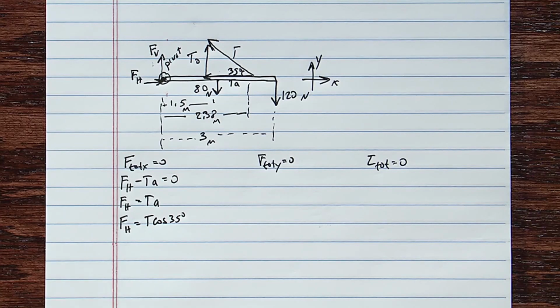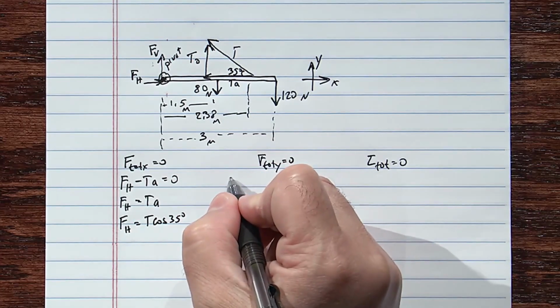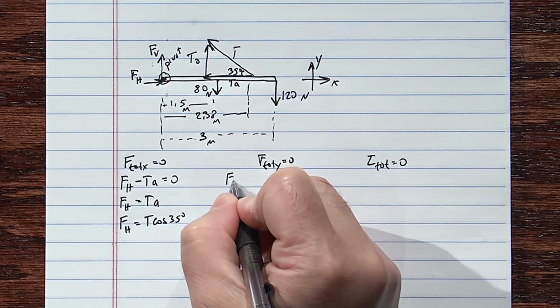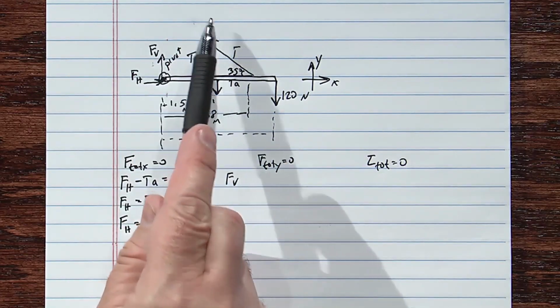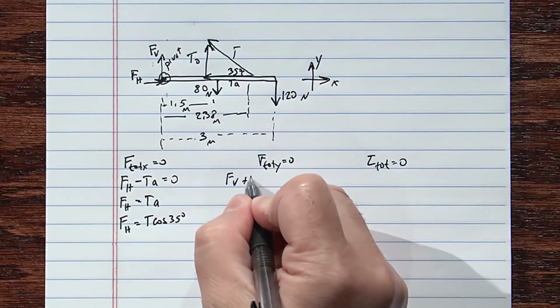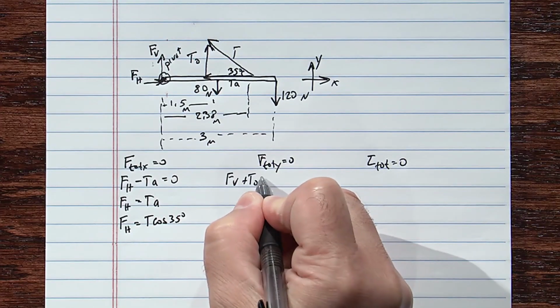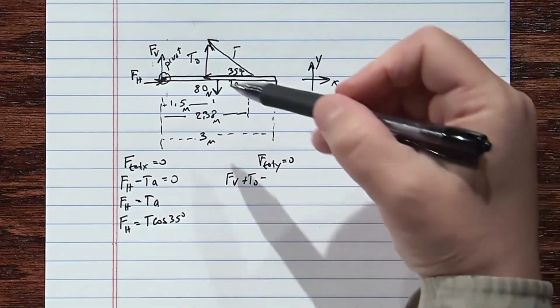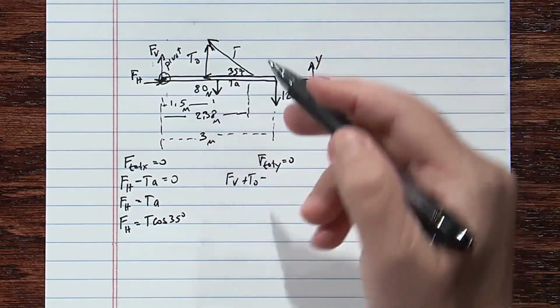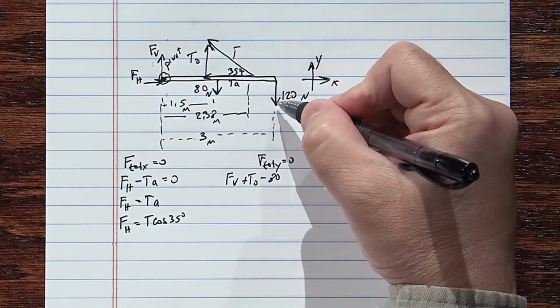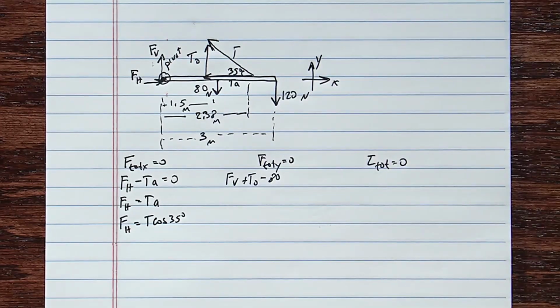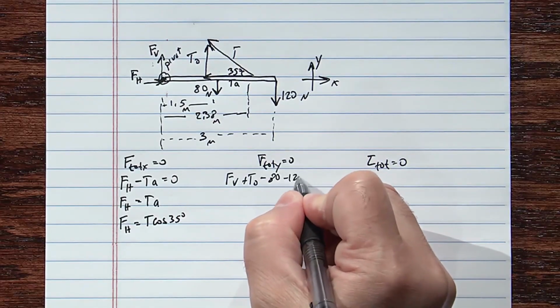Let's look at our Y forces. Our Y forces are FV in the positive Y direction, tension opposite in the positive Y direction, and then 80 newtons in the negative Y direction, so minus 80, and 120 newtons in the negative Y direction, minus 120.